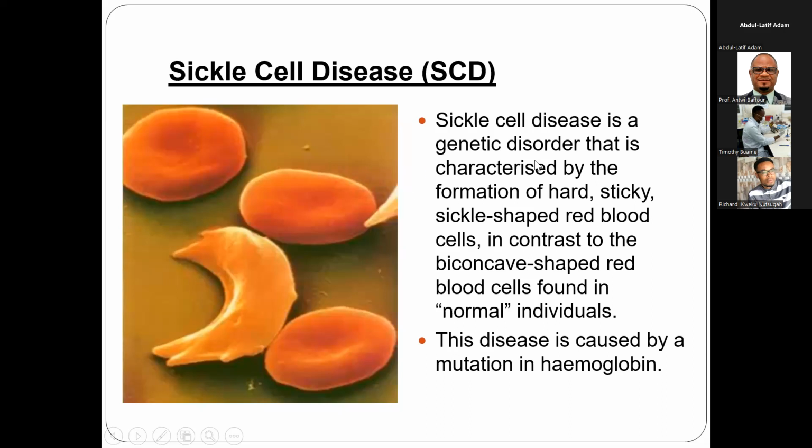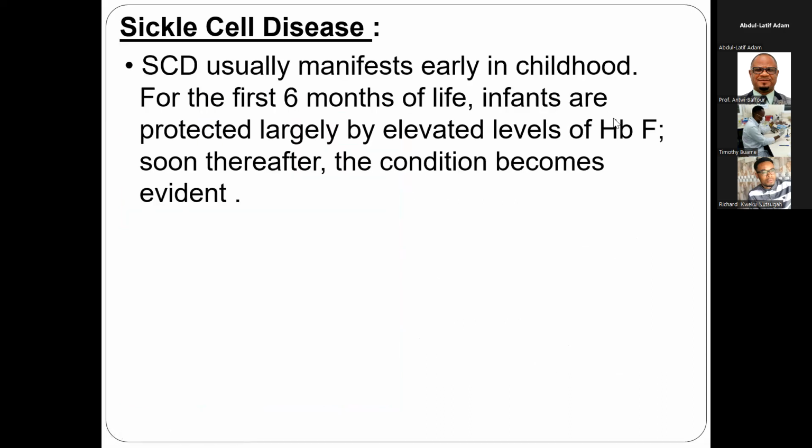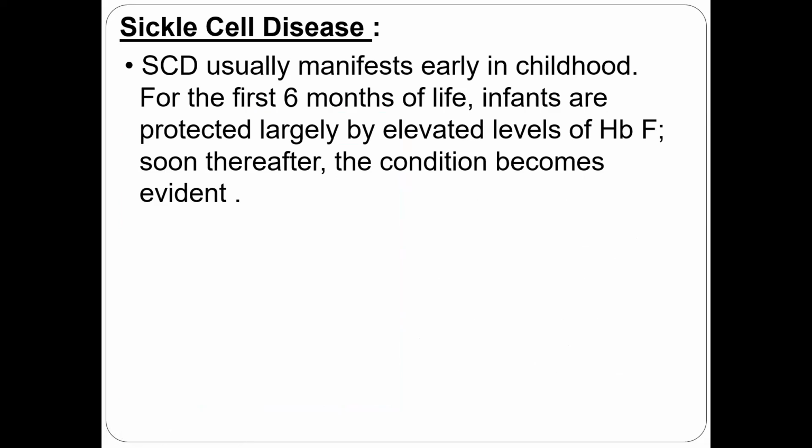It manifests in early childhood. For the first 6 months of life, infants are protected largely by elevated levels of hemoglobin F. Soon thereafter, the condition becomes evident. So when the hemoglobins are supposed to convert to the A after the fetal stage, that is when the problem begins to show.